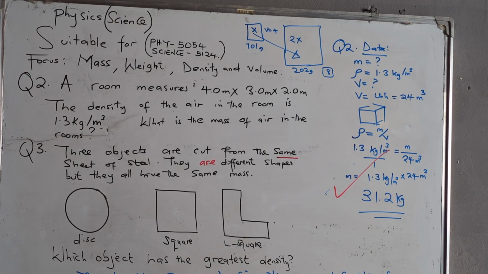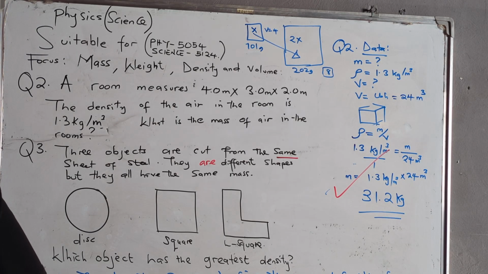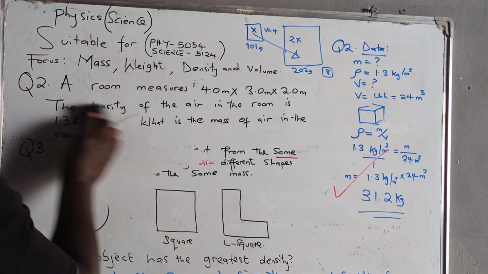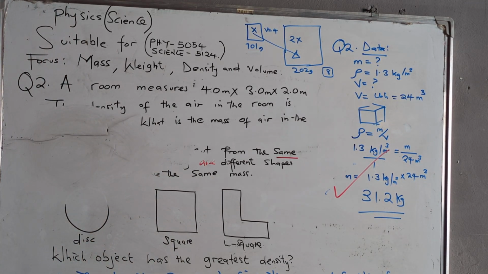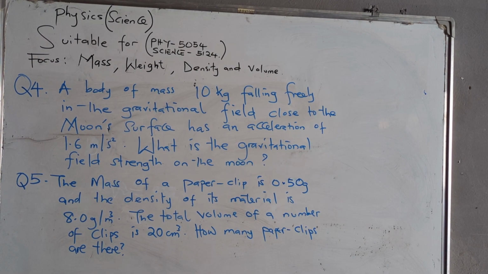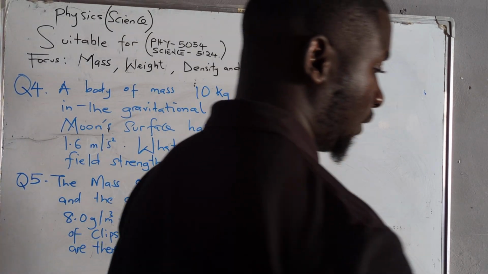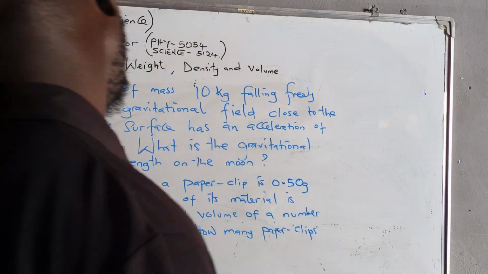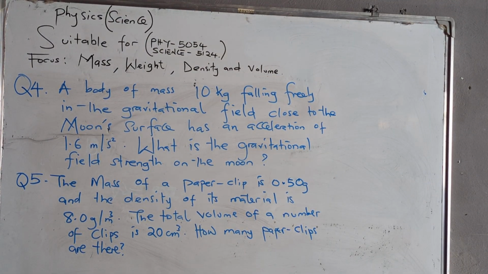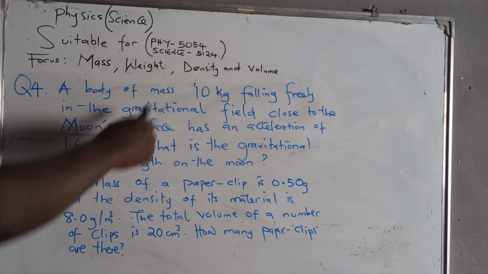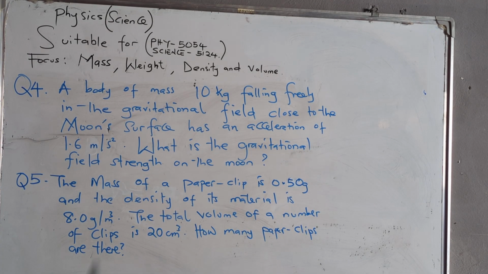So let's just create more space so that we put up another question that we are going to discuss together. Okay, let's look at question 4. It reads that a body of mass 10 kg is falling freely, so that's a key concept.